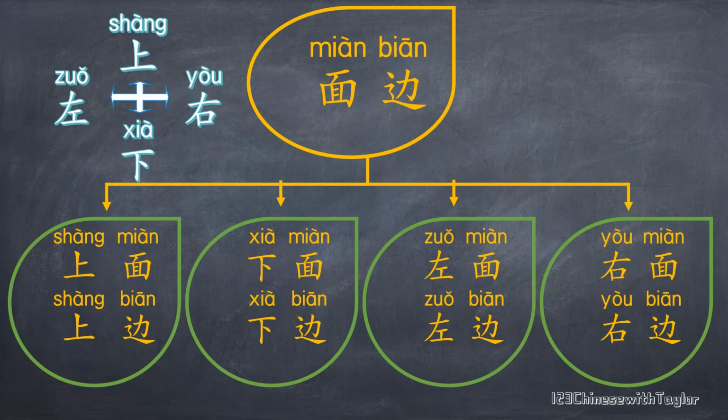Alright, it's time to make some words. 上面，上边，下面，下边，左面，左边，右面，右边. As you may notice, the first character is the one that is being stressed. The second character is usually a little bit neutral.